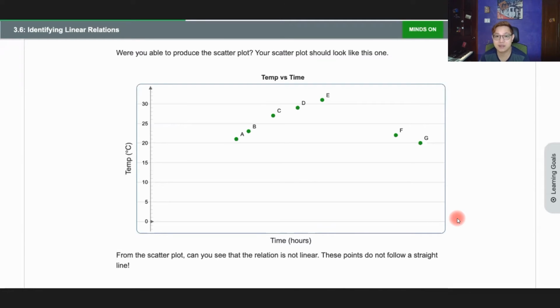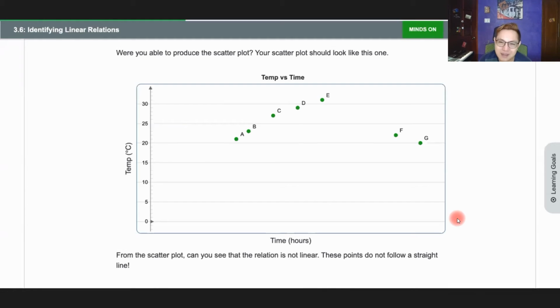But let's say you have 10 points, A, B, C, D, E, F, G, H, I, J, and then you have 2 points that are out of the pattern. Then you can say it's still linear. If you have a lot of points that follow a pattern and just 1 or 2 points that are out of the pattern, then you can say the relation is actually linear.